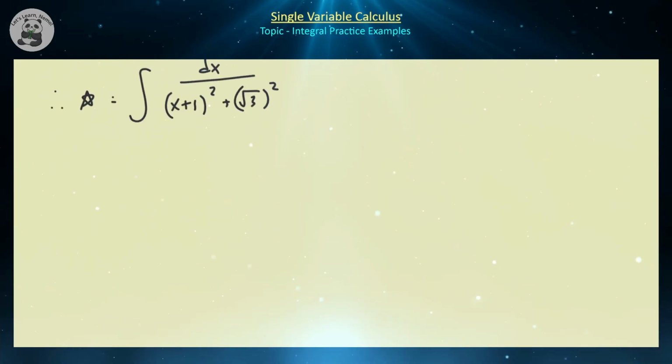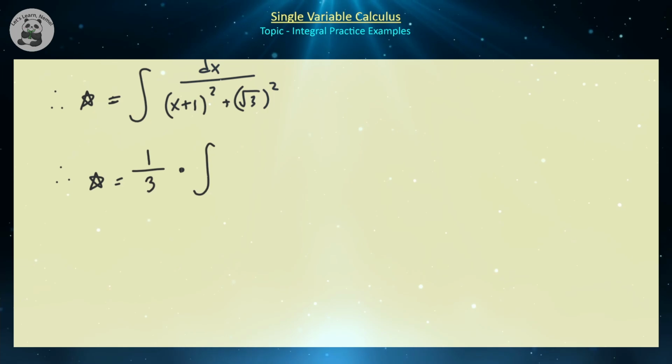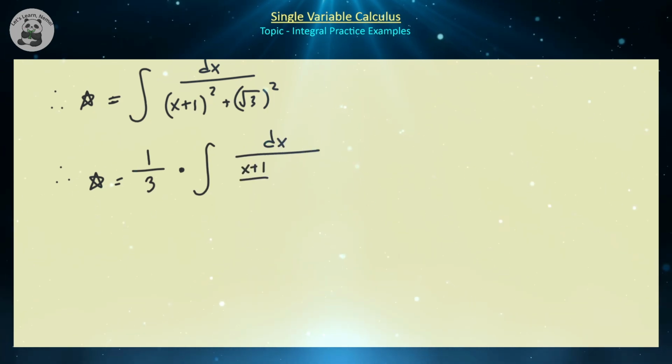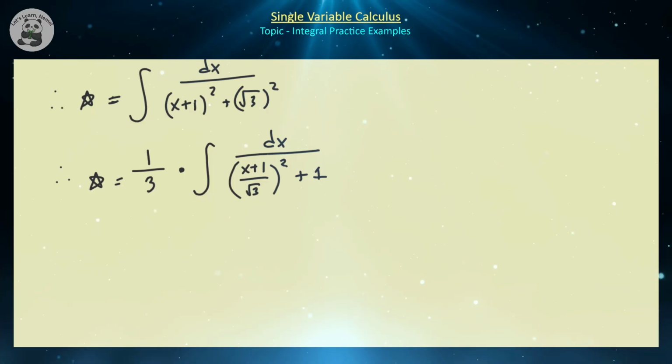Now I want to factor that square root of 3 squared out of the denominator. So when I do that, I'm going to have 1 over the square root of 3 squared, which is 3, times the integral of dx over x plus 1 over the square root of 3 squared plus 1. And you can work out that algebra just in case you're not comfortable with that.